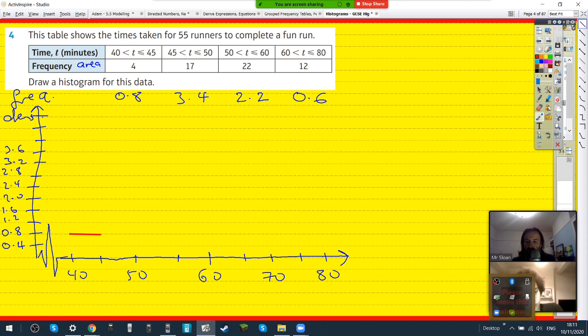Okay, go on. The second one would go up to 3.4. The third one would go up to 2.2. What's the base for that one? It'll be from 50 to 60. Yeah. Next one.